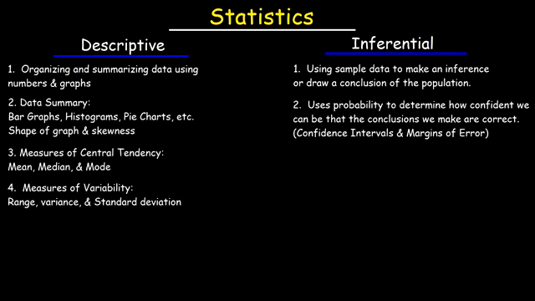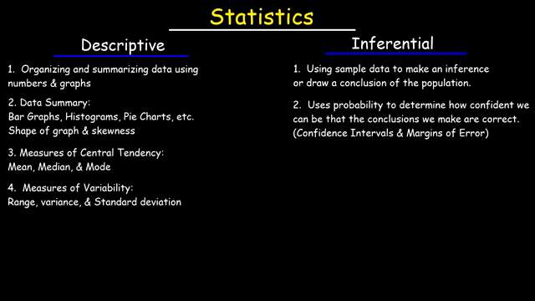You can also describe the shape of the graph. For instance, is the data symmetrical? Or is it skewed to the right? Or is the data skewed to the left? So that all falls under descriptive statistics.